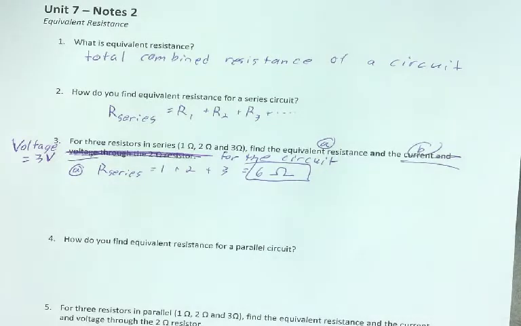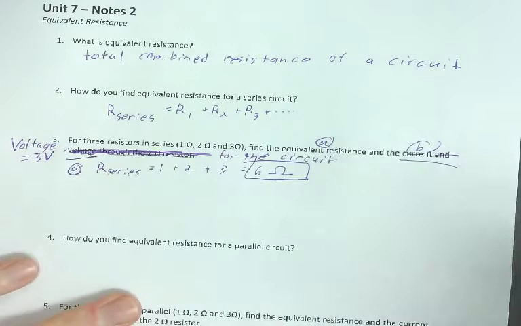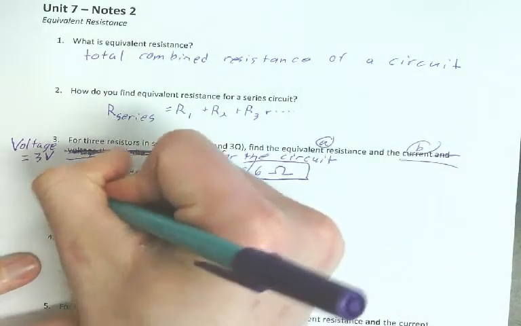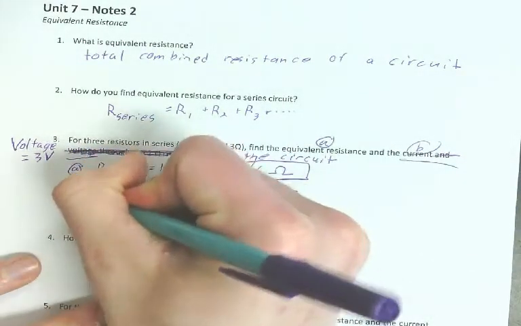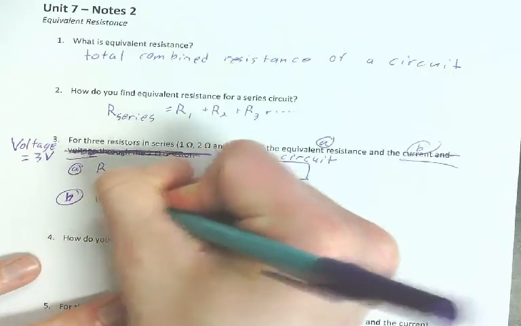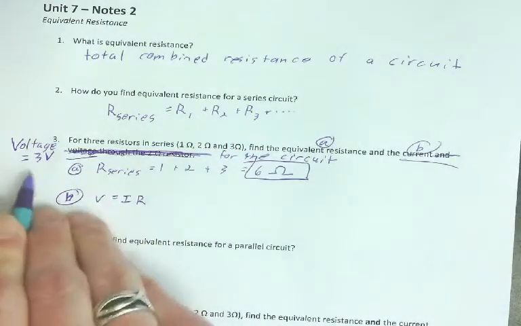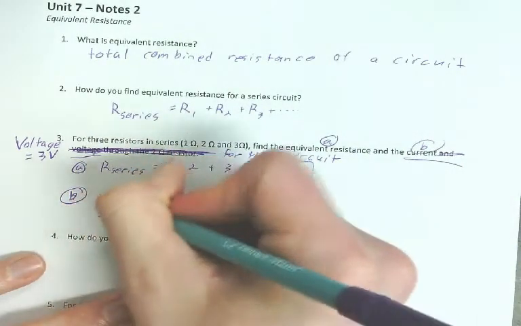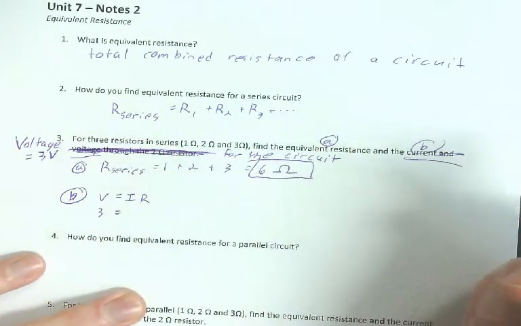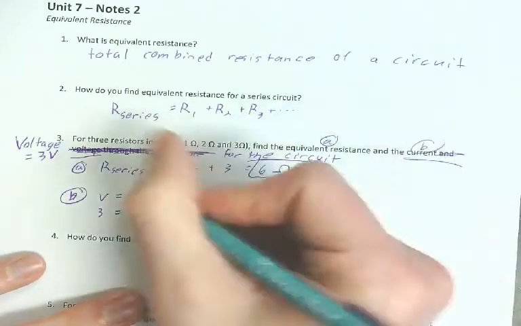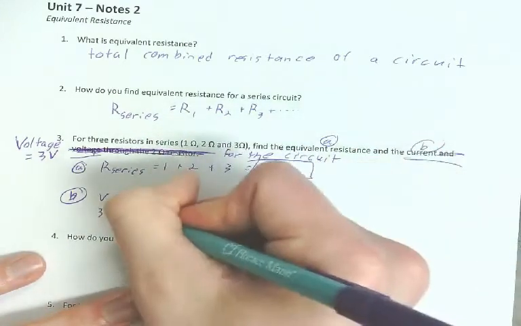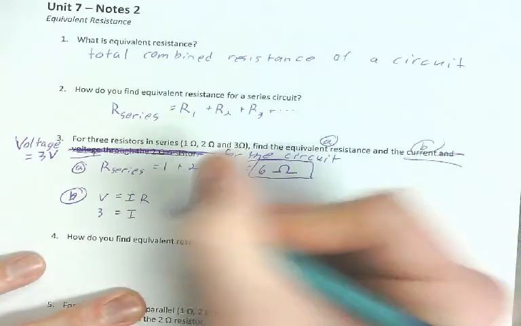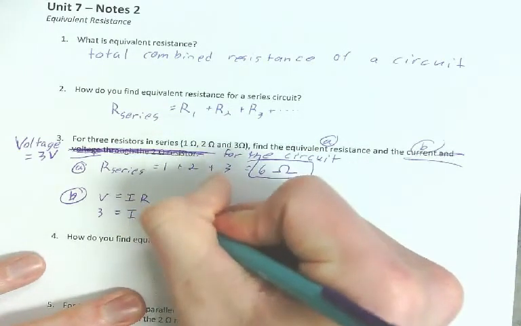Okay. So how do we find the current? Well, we use V equals IR. So the voltage is the voltage of the circuit, which is 3 volts. I is the current for the circuit, which is what we're solving for. And R is the resistance, which is 6.